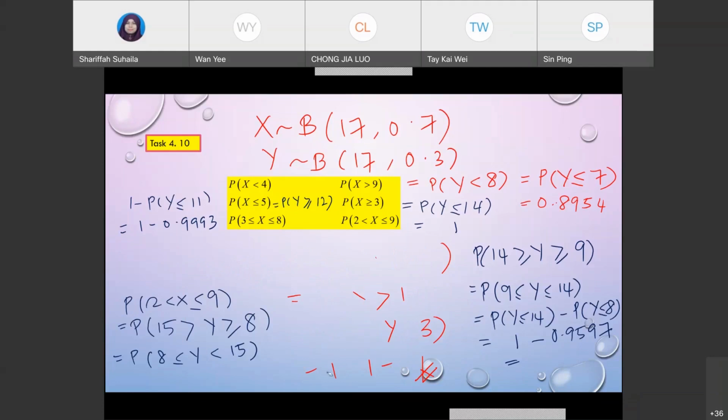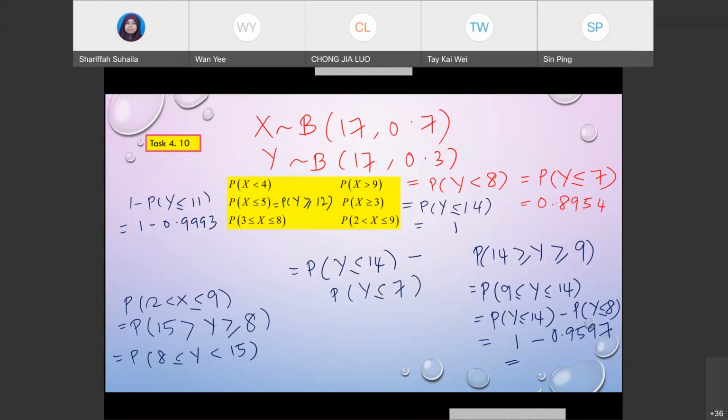Okay, you just find the probability for 8, 9, 10, 11, 12, 13, 14. So you will have probability y less than equals to 14 minus probability y less than or equals to 7.